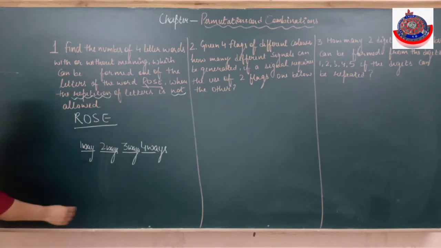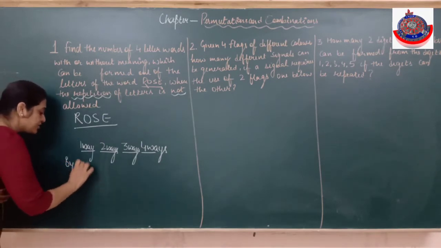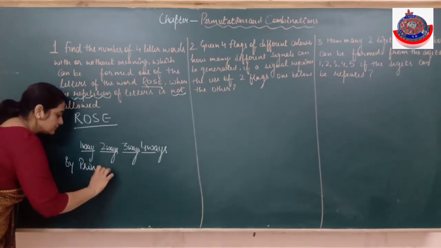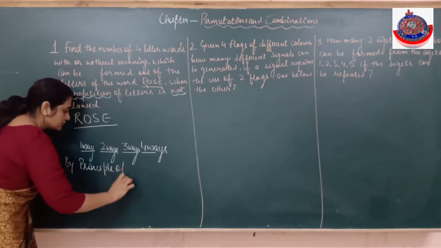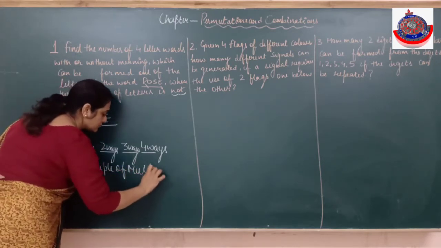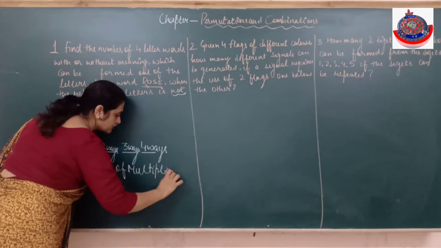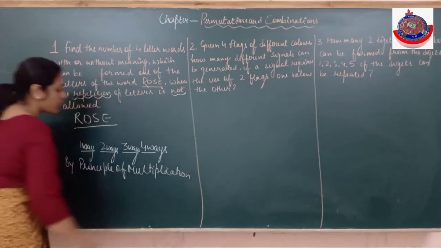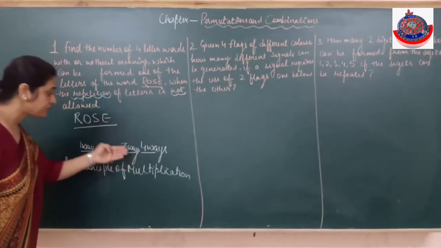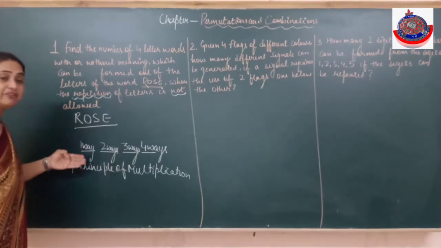So by principle of multiplication, we know that if it is one event followed by another in different ways, followed by another, we just have to multiply.